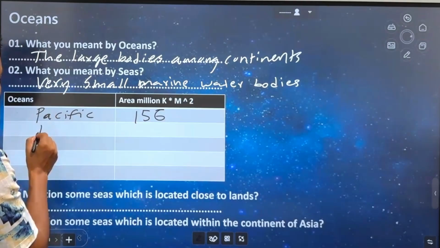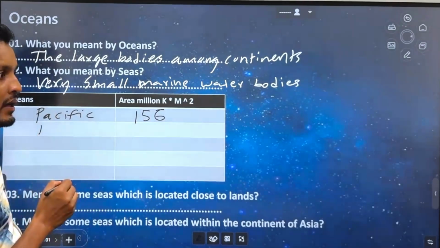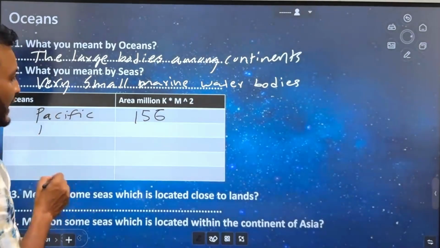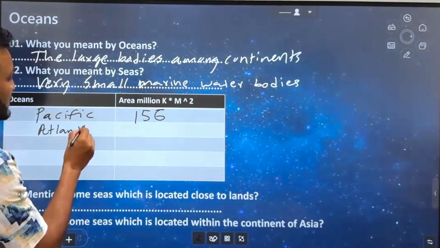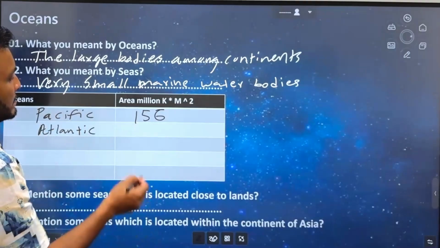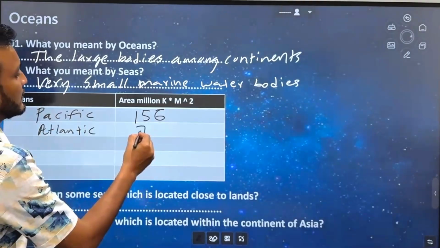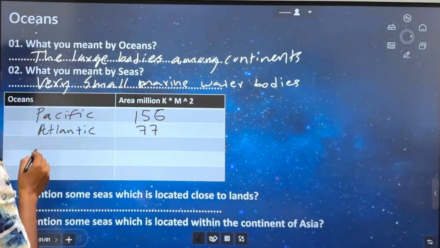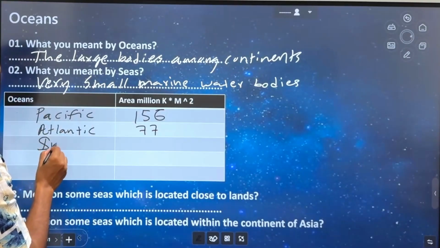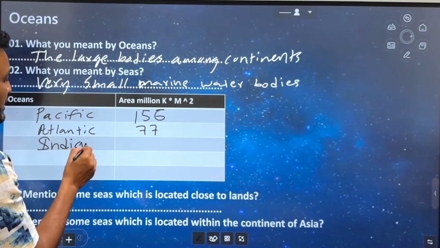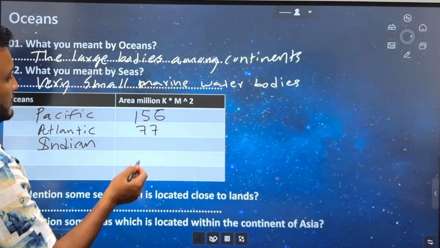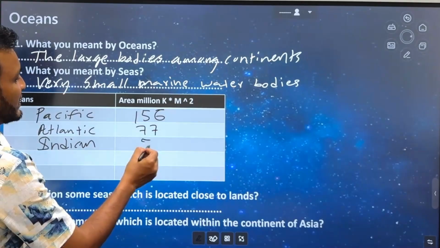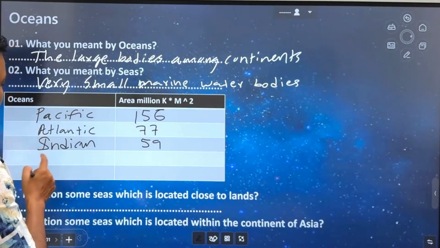Atlantic Ocean. Area? 77 million kilometers. Third one? Indian Ocean. Area? 59 million kilometers.